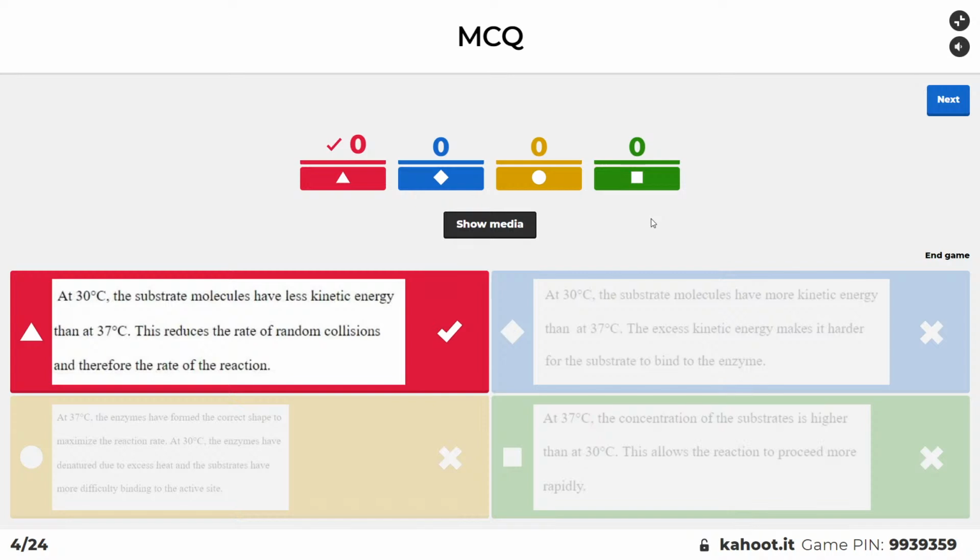And B is wrong because at lower temperatures there's less kinetic energy than at higher temperatures, because the molecules are moving at a slower rate. So temperature increases the rate of both reactions and just bumping each other in general.